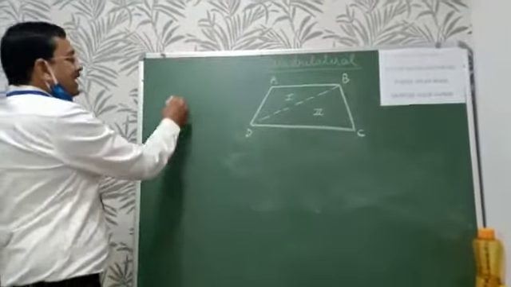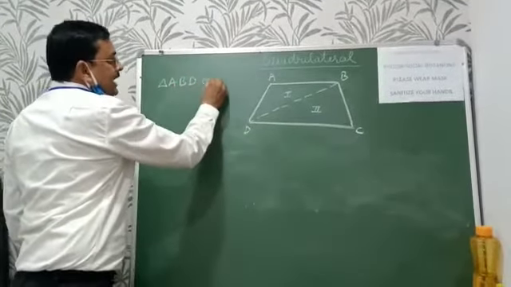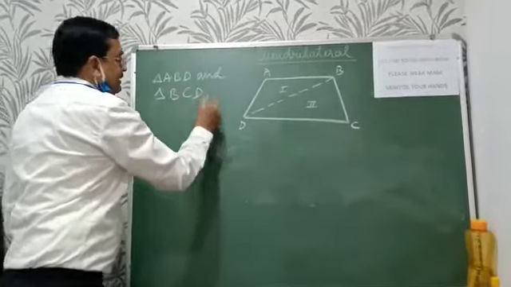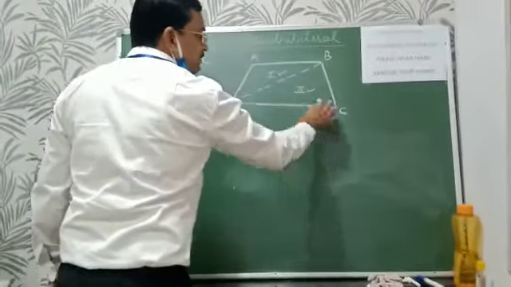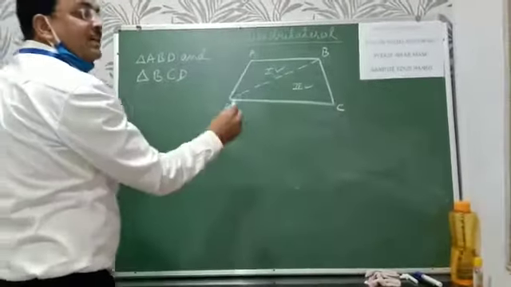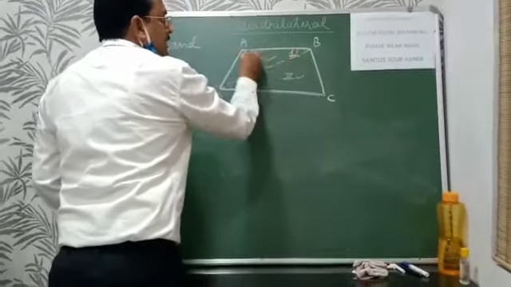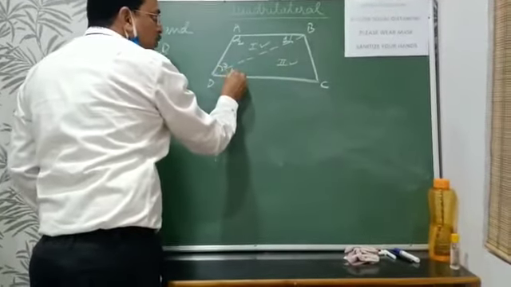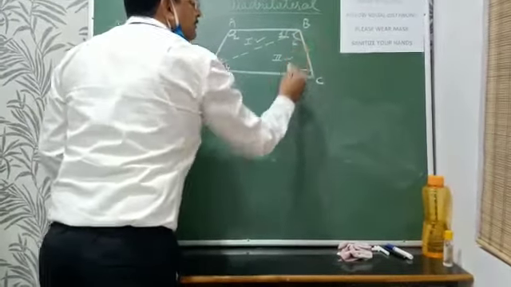The names of the triangles are triangle ABD and triangle BCD. Here 2 triangles are formed, this triangle and this triangle. Now we can give the names of the angles here: angle 1, angle 2, angle 3, angle 4, angle 5 and angle 6.